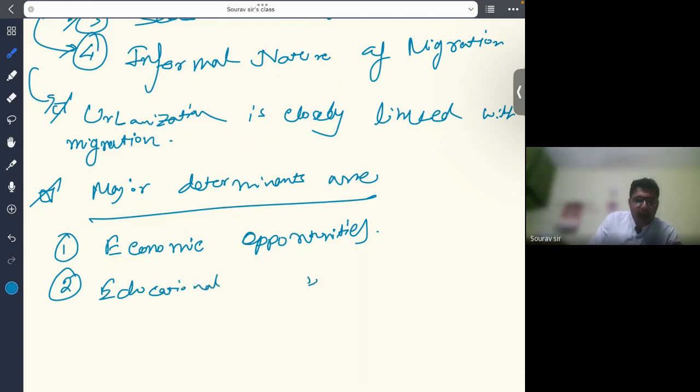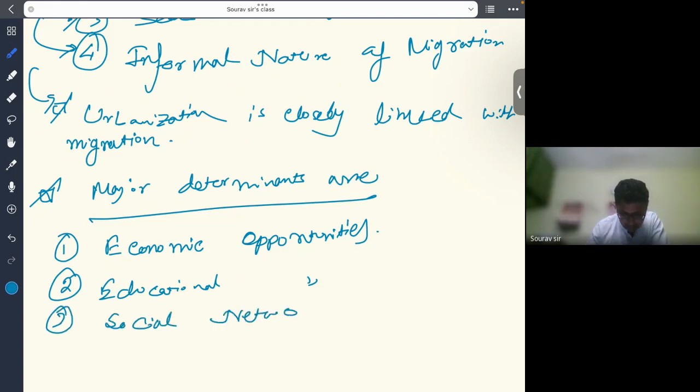Access to better education and training facilities in cities can also be a factor in attracting migrants. Thirdly, the social networks. Existing social networks such as family and friends already living in such cities can also influence migration decisions.